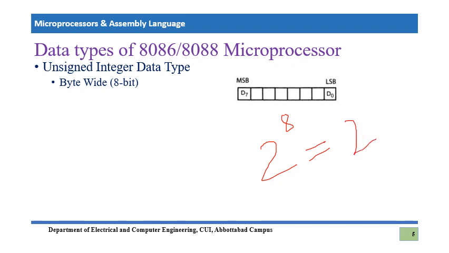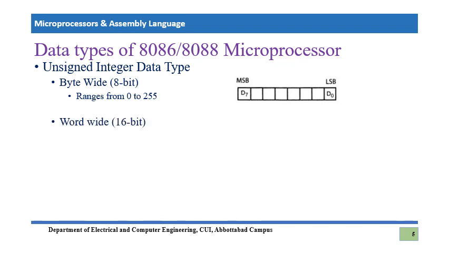The exact range available is from 0 to 255. That's how the unsigned 8-bit number ranges, and these different decimal numbers can be stored in a single microprocessor memory location.